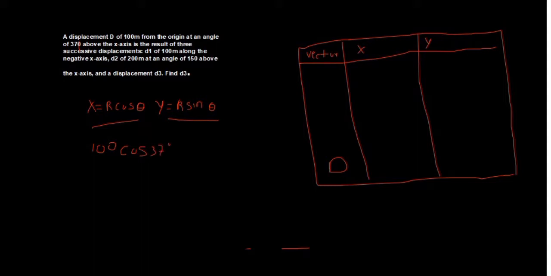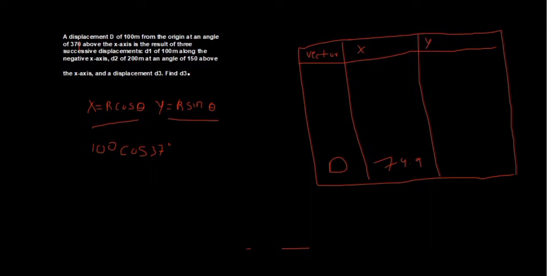Using your calculator, 100 cosine 37 is just 79.9. So we can indicate it there as our x component, 79.9.